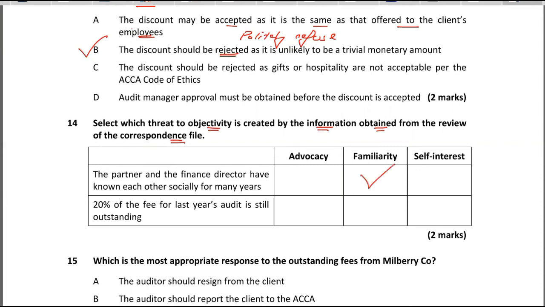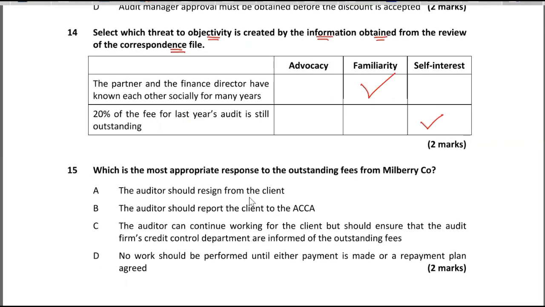Familiarity. 20% of the fee last year is still outstanding. Now here it is quite easy. It would have been difficult if it was self-interest and intimidation, because both of the threats come when there is an overdue fee. But right now there is only self-interest threat. There is no advocacy because you are not representing the client in either of these two cases.